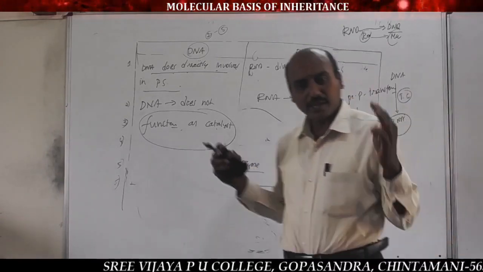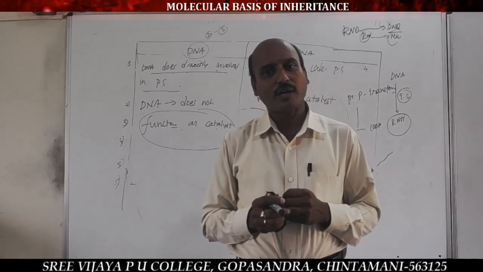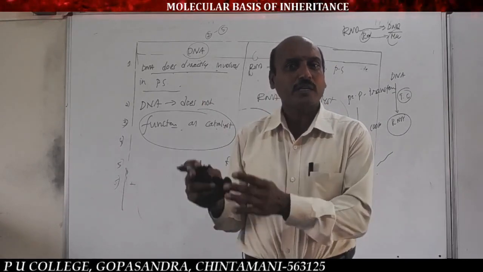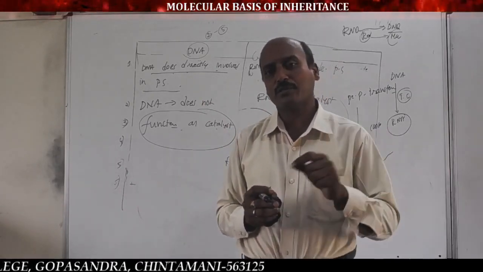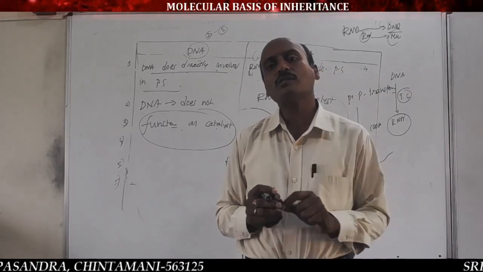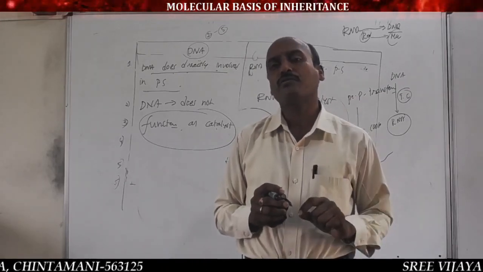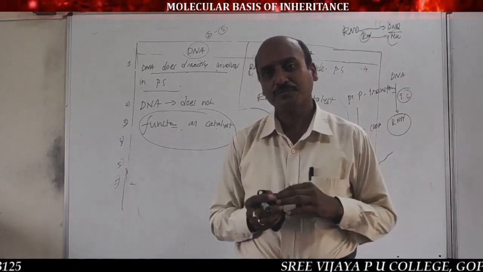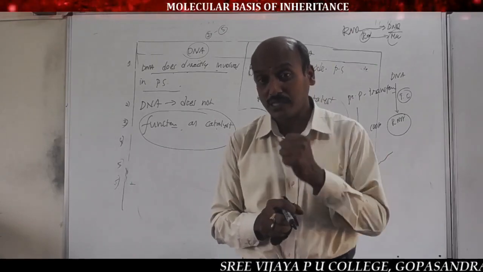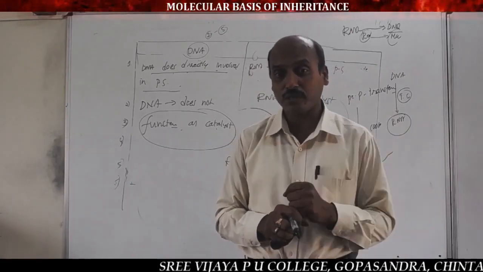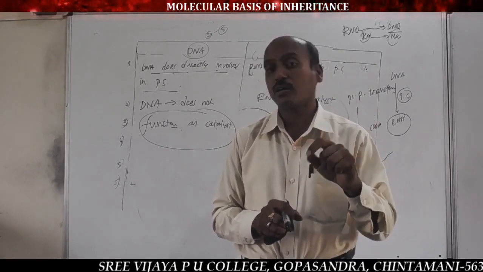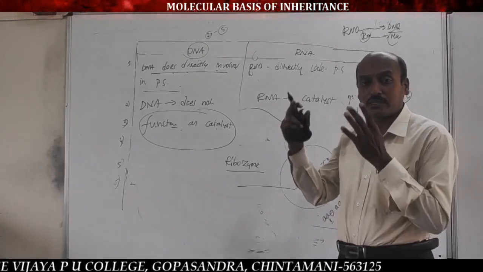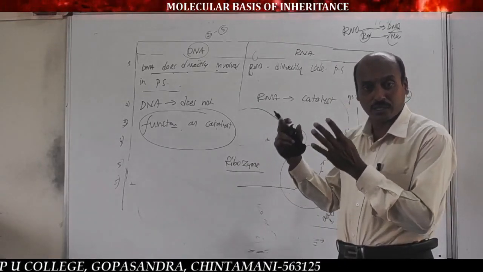Both DNA and RNA are responsible for synthesis of polypeptide chains, formation of protein molecules, which is called biosynthesis of proteins. Sir, how does the biosynthesis of proteins take place by the help of DNA and RNA, by the intermediation of the genetic code? And how does protein synthesis occur in eukaryotes and prokaryotes, and how can protein synthesis be regulated by gene and gene action? That is our journey of the molecular basis of inheritance topic.